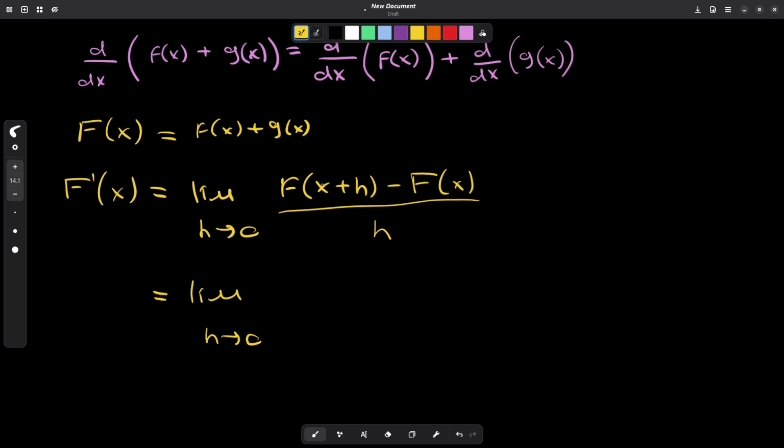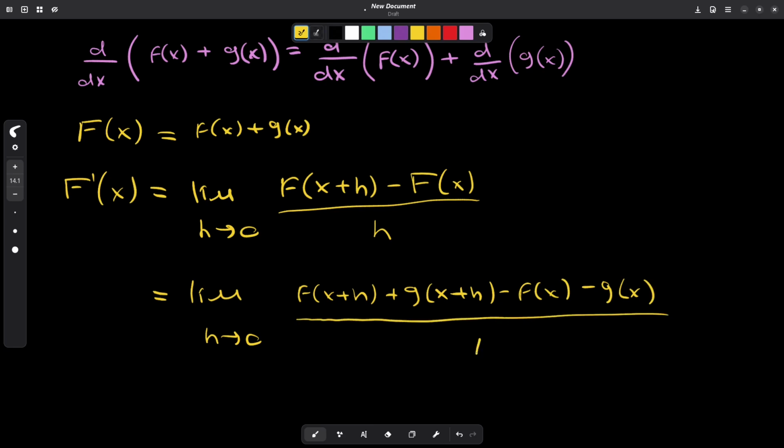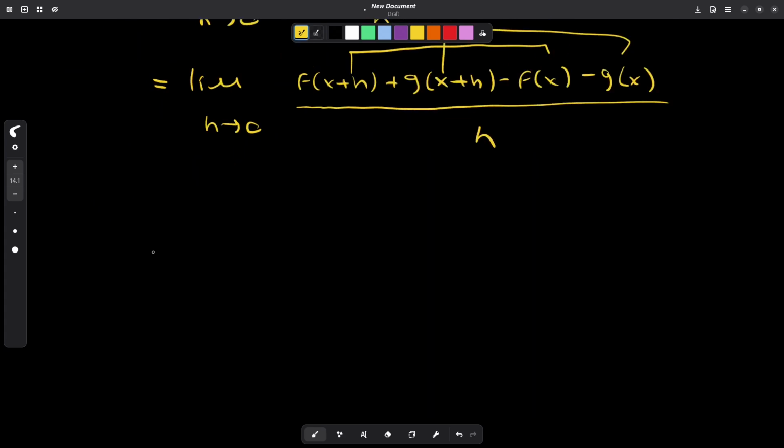If we plug the x plus h in, we get f(x plus h) plus g(x plus h) minus f(x) minus g(x), and this is over h. Now if you can see, when you group these together, you get the derivatives of f(x) and g(x), right? So now let's group these.